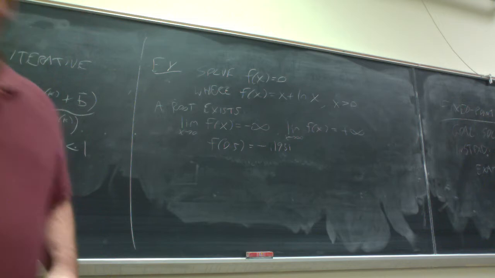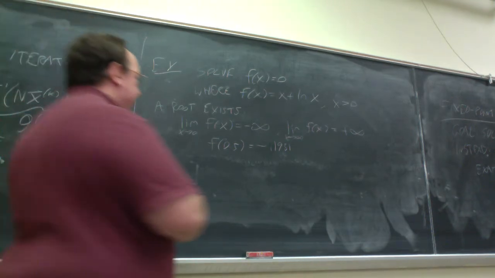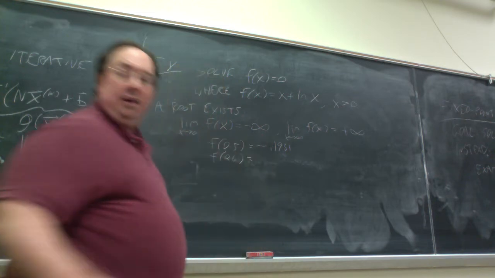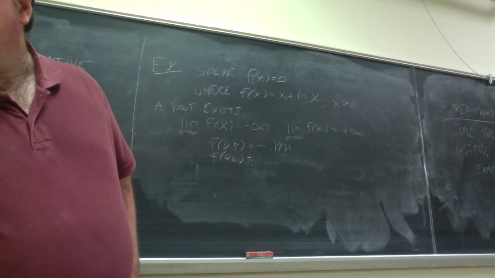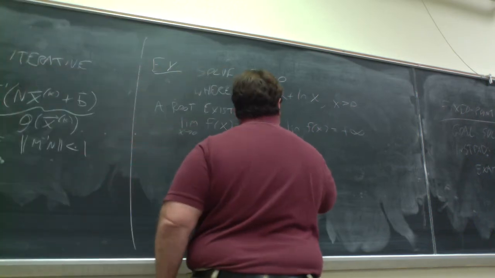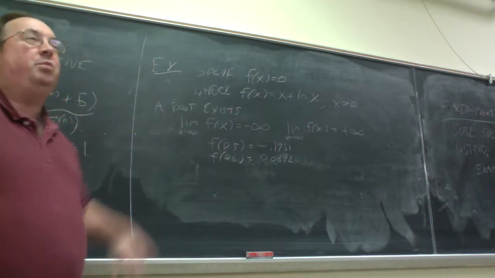And if I plug in x equals 0.6, it's positive, 0.0892. So now we know not only that the solution exists, it exists in this interval, between 0.5 and 0.6.